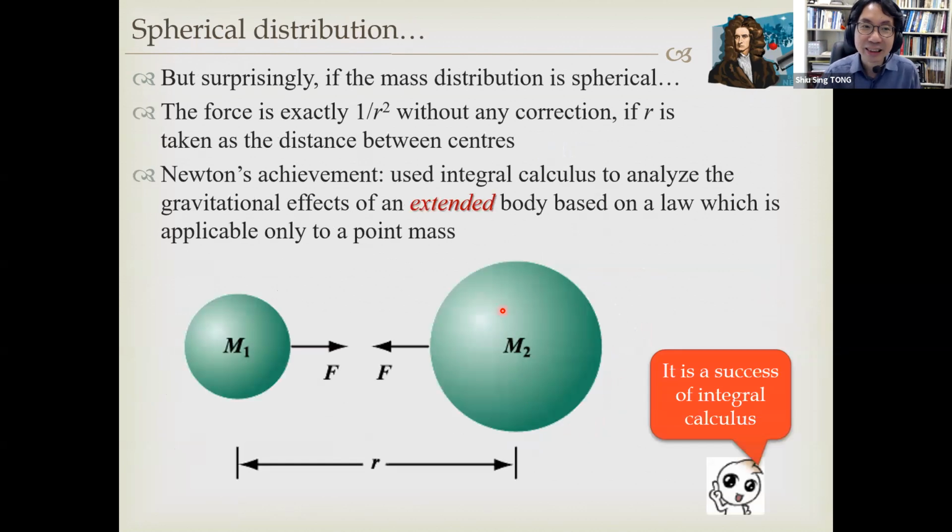Now, surprisingly, if the mass is spherical, as I said, the force is exactly 1/r², and that is Newton's achievement: using integral calculus to analyze the gravitational effect of an extended body, based on a law that is applicable only to point masses. That is a success for integral calculus. I don't know if I have time to talk about this integration in detail.